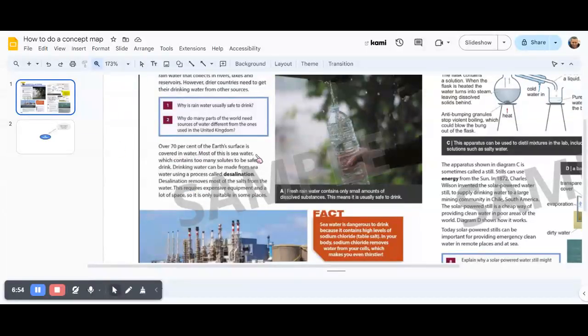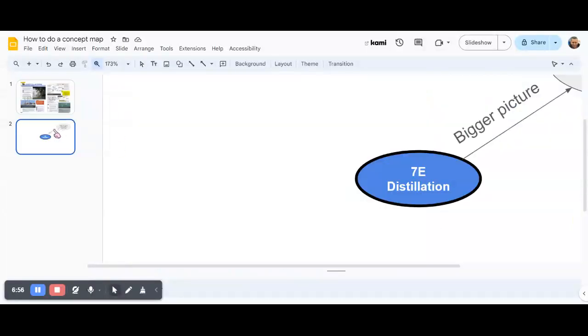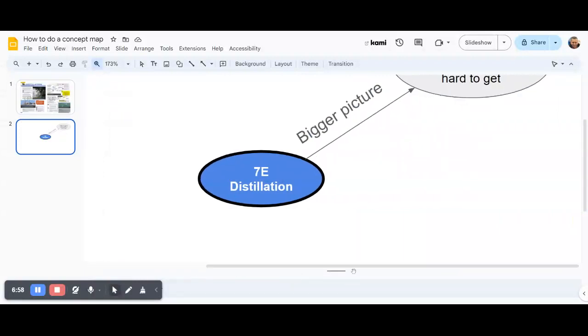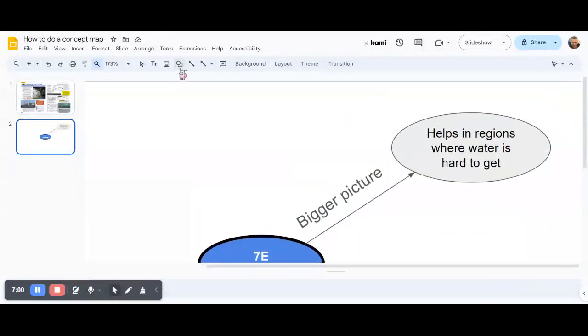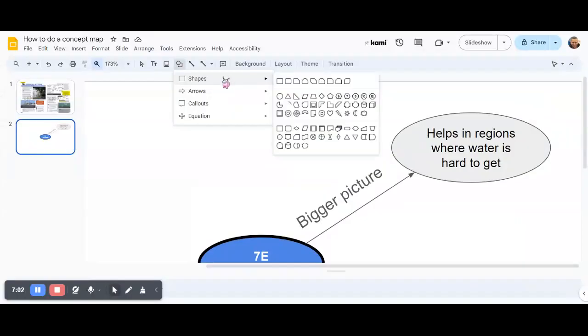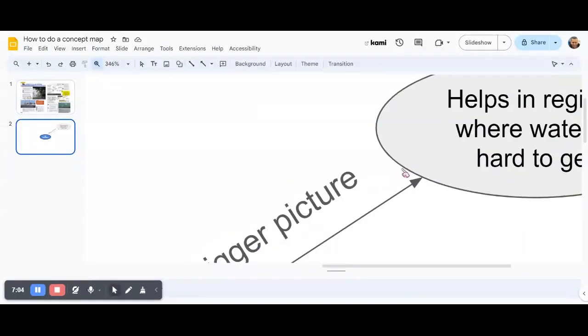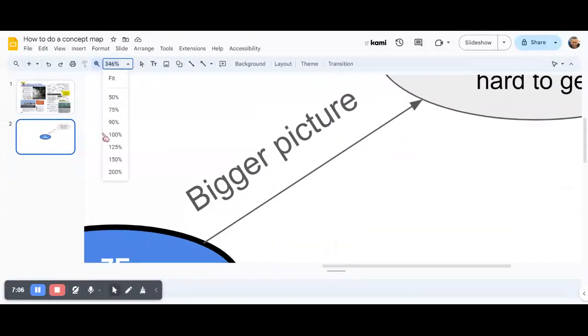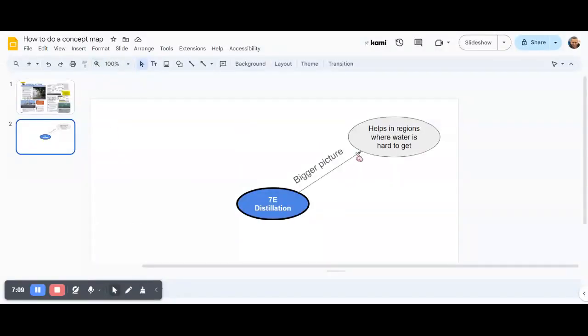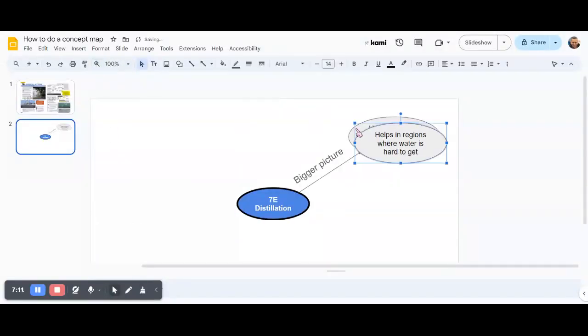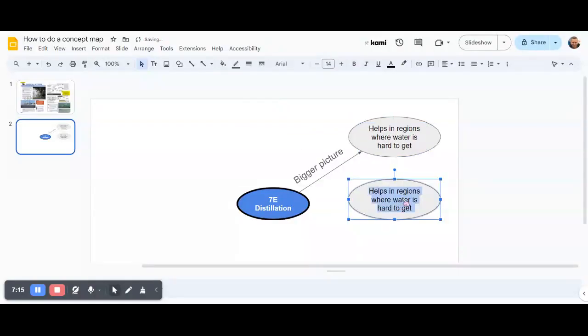Over 70% of the Earth's surface is covered in water. So if we go back to our map, we can have another shape. Let's copy this one. I suppose this could be "70% of the Earth is water."